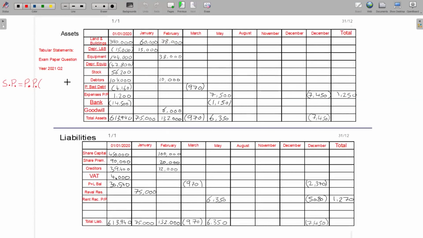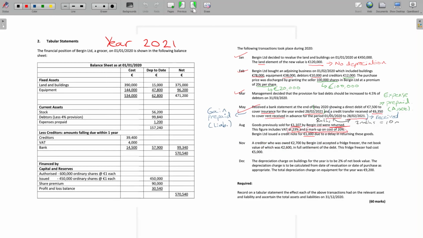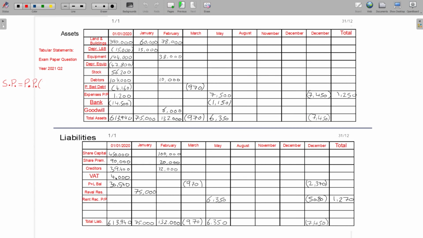So you have multiplied by 1.2, so that's 120%, and then 1.23. Okay, so this is your markup, and this here is your VAT.